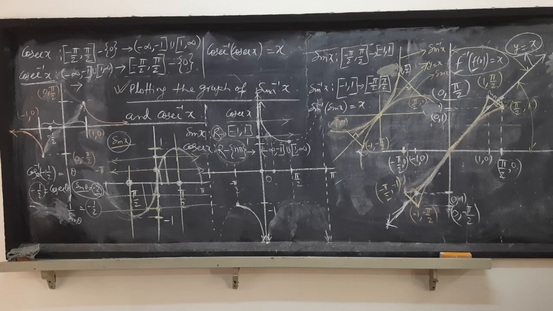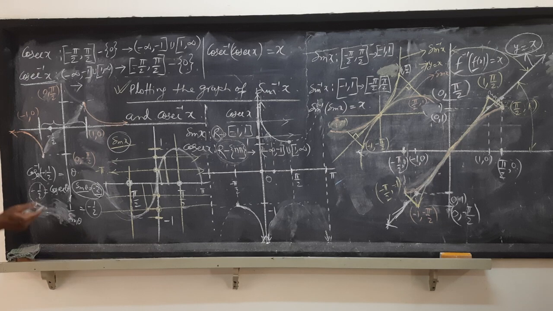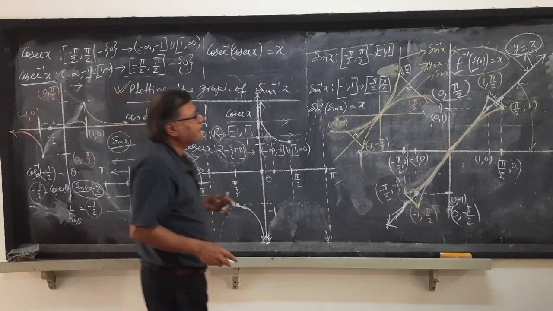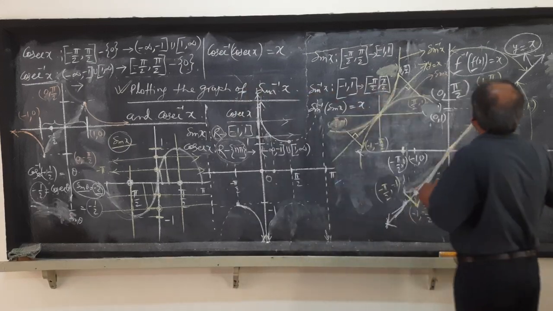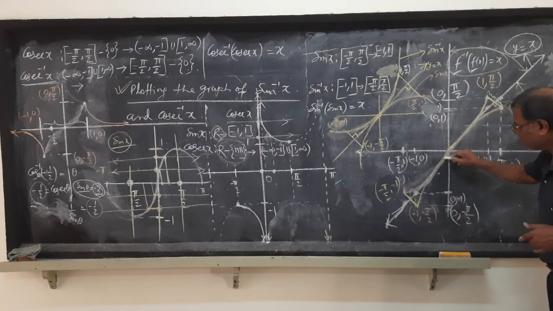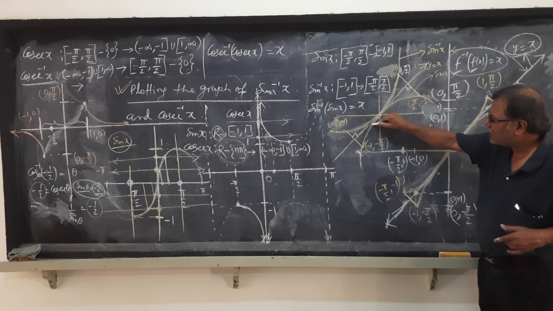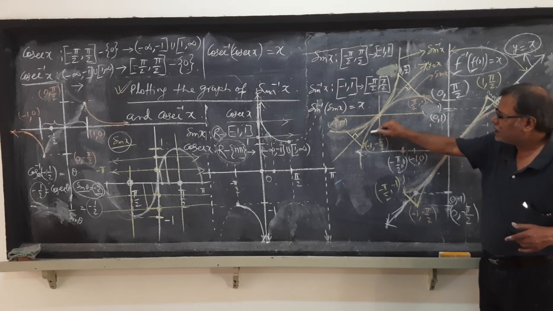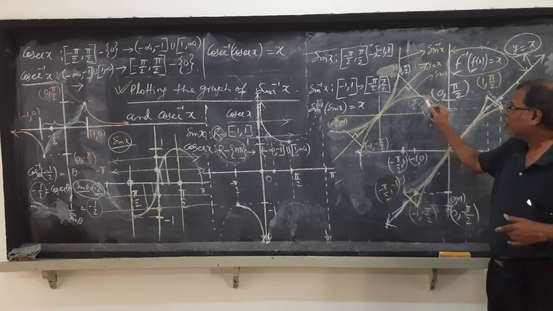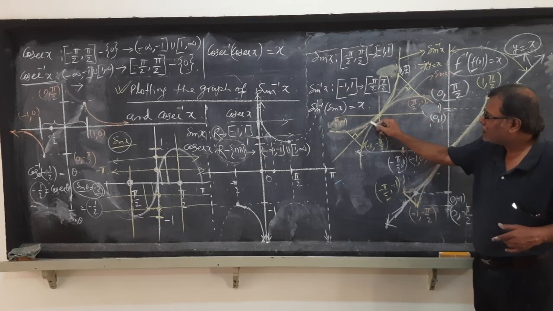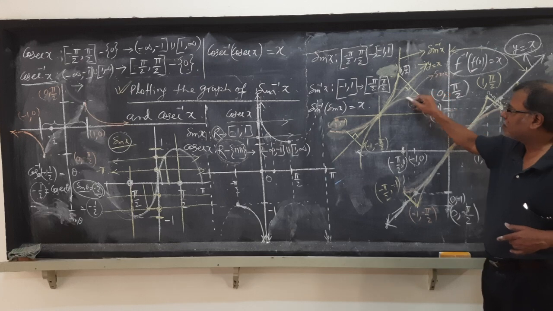Now there is a connection between the sine inverse graph and the cosec inverse graph. As I have explained over here, this yellow graph, more clearly drawn here, represents the sine inverse graph, and this one represents sine x. I am not concerned about this one.